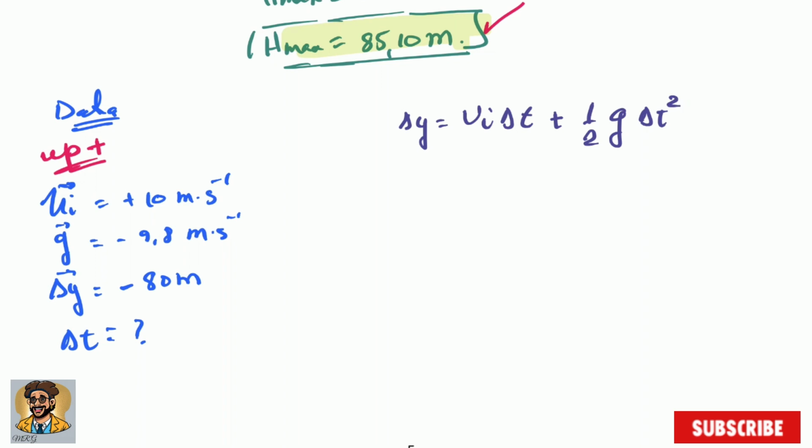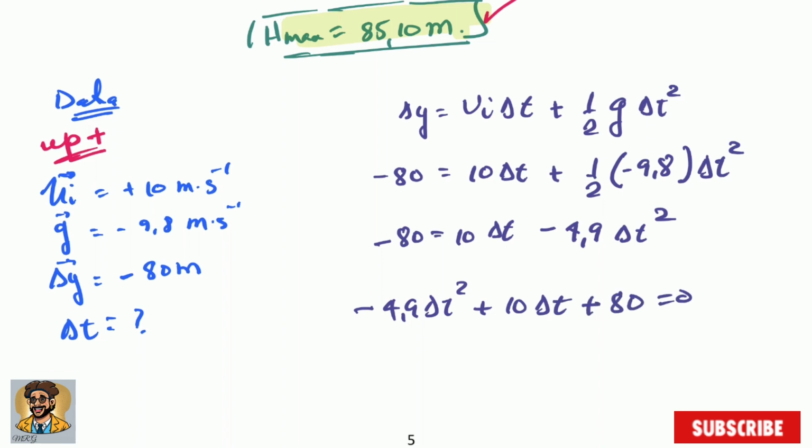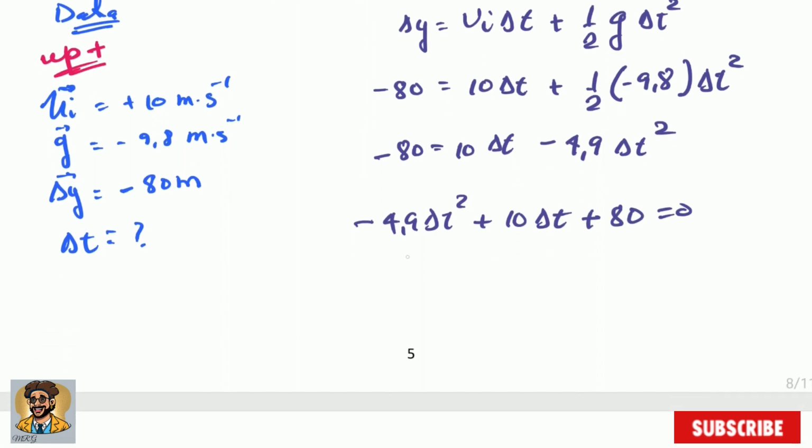And the rest is substitution. If we rearrange this equation we have, and guys, this is mathematics, an equation equal to ax squared plus bx plus c equal to 0. This is a quadratic equation.